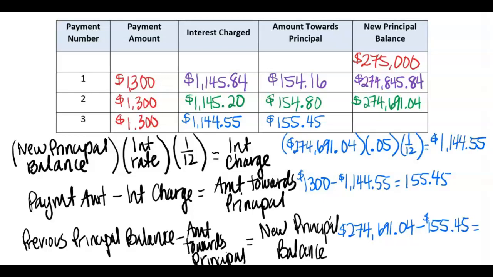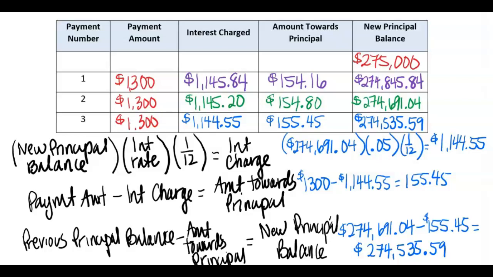Subtracting, we get a new principal balance of $274,535.59. So to complete this table, we have a new principal balance of $274,535.59.